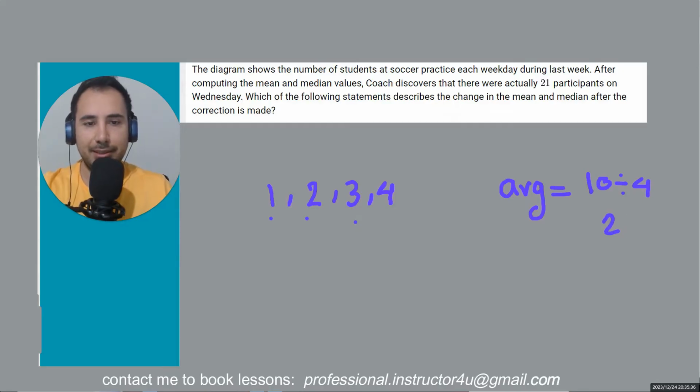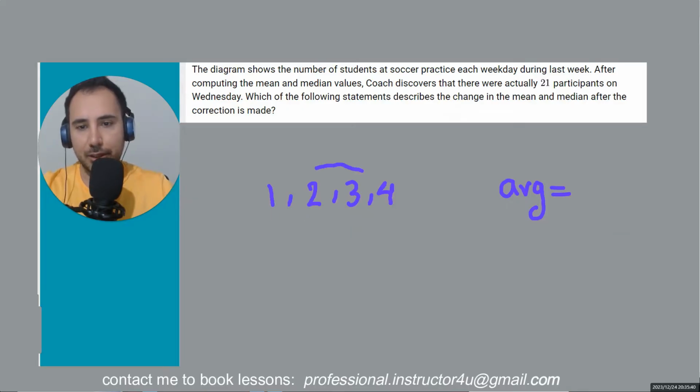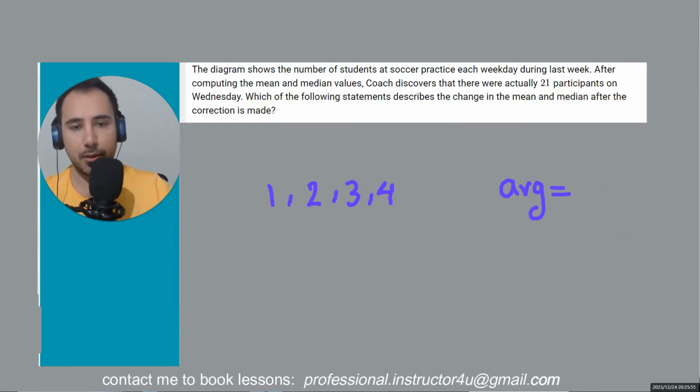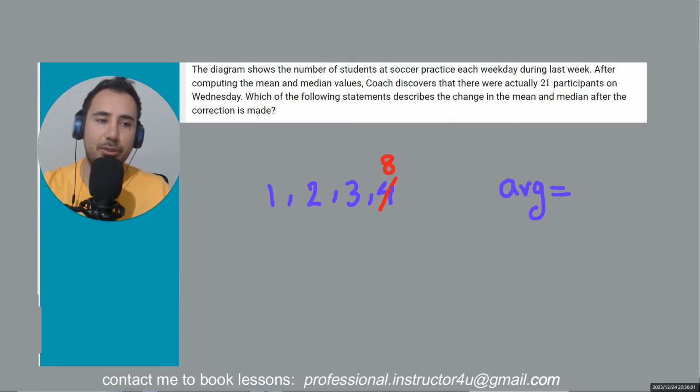The smarter people would say the average of the numbers is actually the average of these two. What is the average of 2 and 3? 2.5 again. Okay, that's not the point we're going to focus on. What we're going to focus on here is this. If I remove this number 4 and write 8 instead of it, what happens to the average?